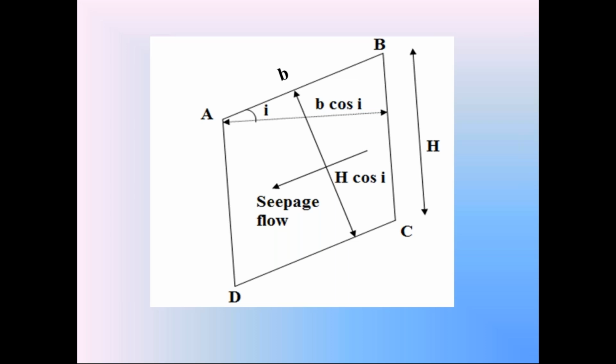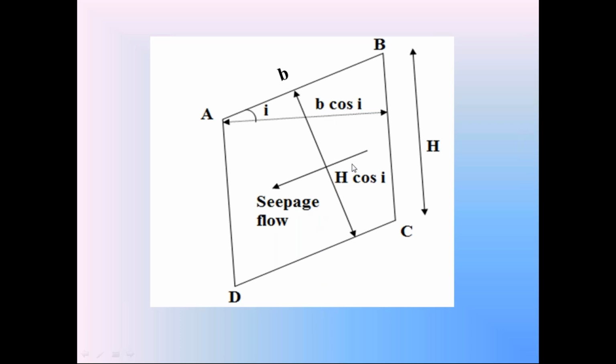Please remember, whatever the problem may be, not only in the stability of slopes, whenever water is flowing in the soil, that flowing water develops additional stress in the soil, called the pore water pressure. The pore water pressure always acts in the vertically upward direction.